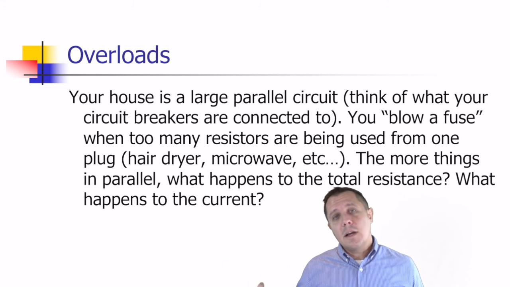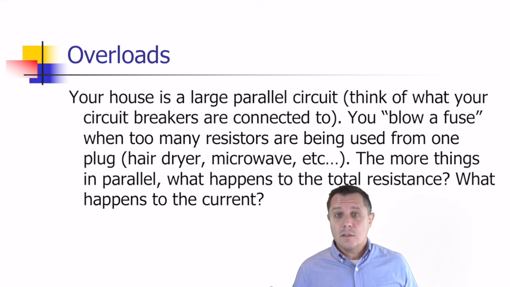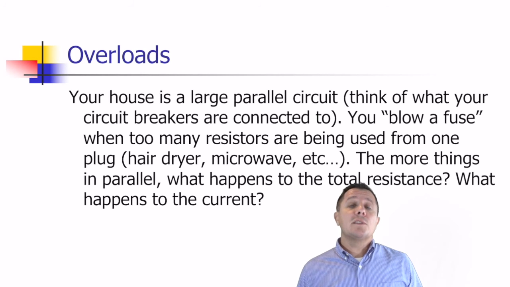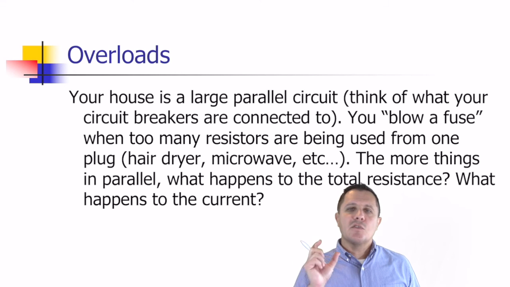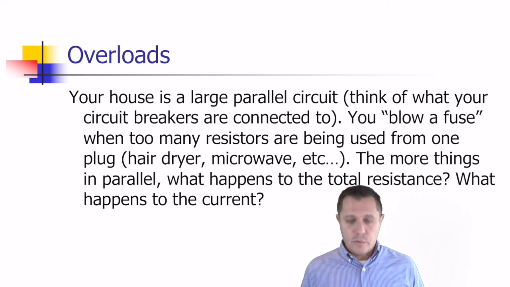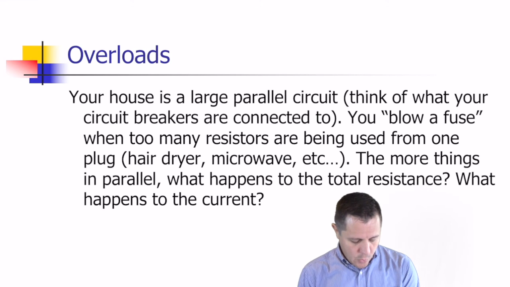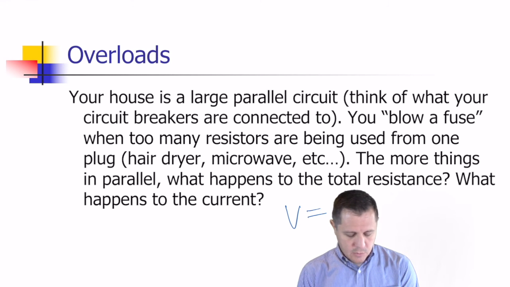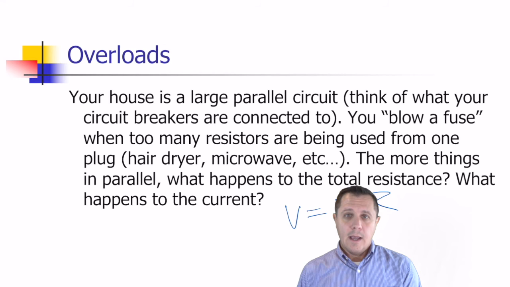All these things plugged in, you can consider resistors. And more resistors getting wired in parallel is going to get you a much, much smaller total resistance, a smaller equivalent resistance. And we know the equation is Ohm's law, V equals IR.